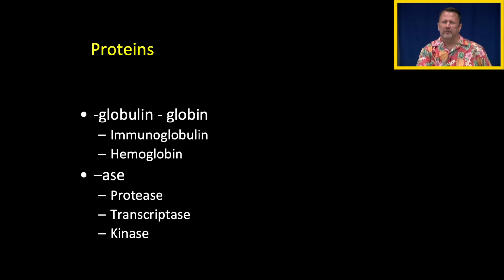So when we go through the medical books and the pharmacology books and the physiology books, anytime you hear the word globulin or globin, as in glob or globe, we're talking about a protein. So an immunoglobulin is a protein that's made by the immune system to fight infectious foreign substances. Hemoglobin is the stuff that makes your blood red when it's oxygenated and blue when it's not. That's hemoglobin. See that globin at the end? That is a protein.